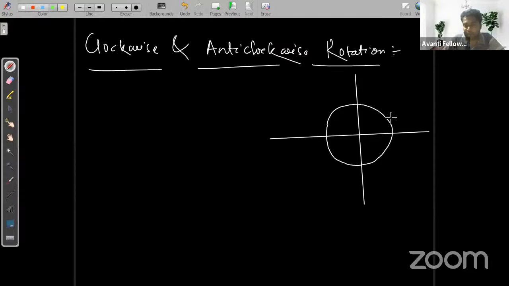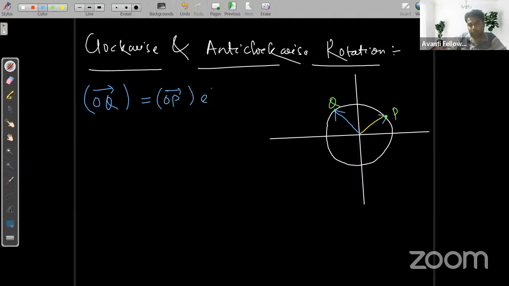Now I'm taking a point P here and also a point Q. If you join OP and OQ, we can say the OQ vector is equal to the OP vector into e to the power I theta.